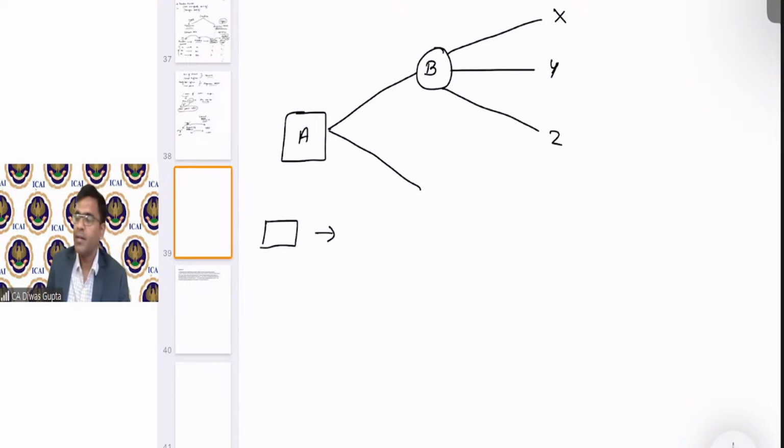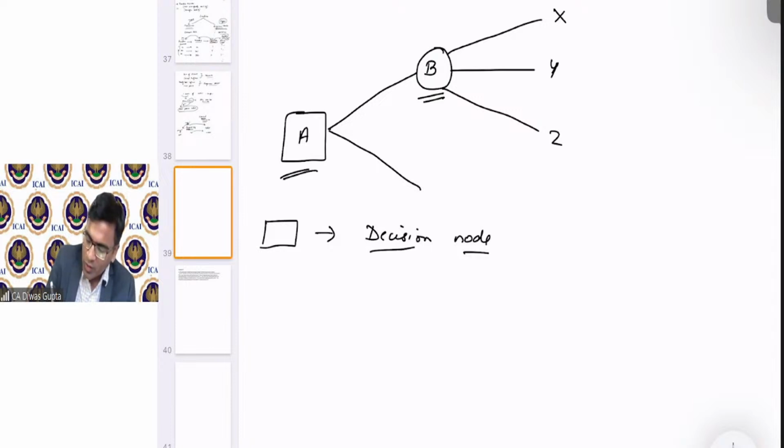This represents a decision node. What is a node? Node is, let's say, a break in the decision. Like after every line, this is also a node. This is also a node, right? So where every line breaks or converts into different possible options, that is called a node. But wherever we put a square, this is called a decision node. That means some kind of decision making is involved, whether we want to do or whether we don't want to do.